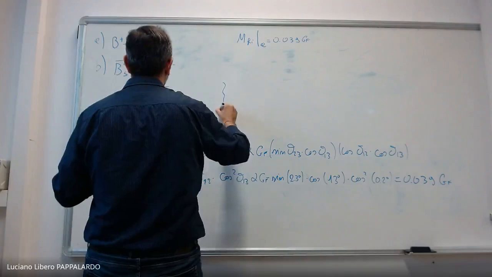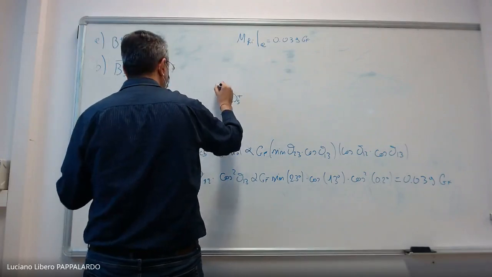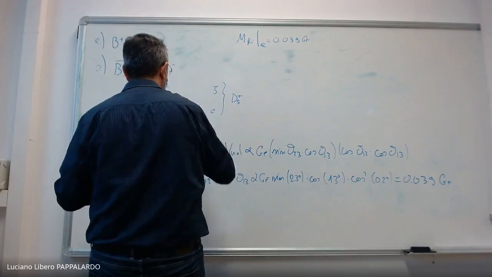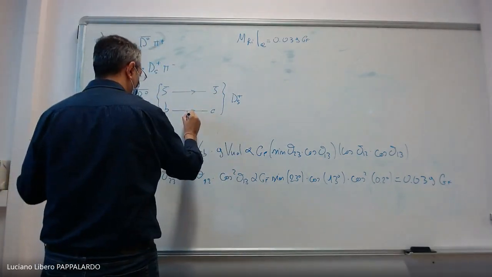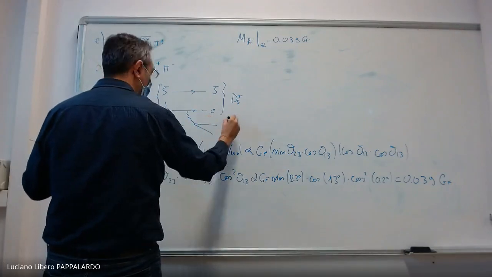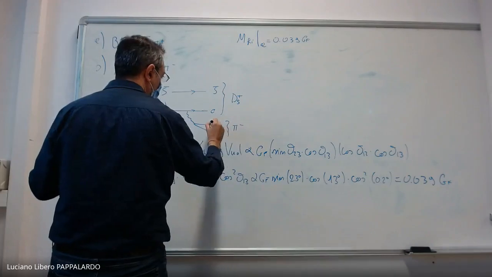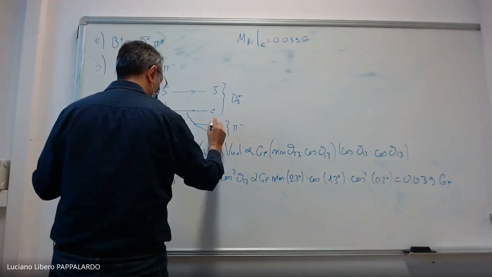And we have the spectator s bar, then s bar c. On this spectator, we have the transition with the emission of W minus that goes into the pion, where the form is pi minus, so it must be a d u bar.